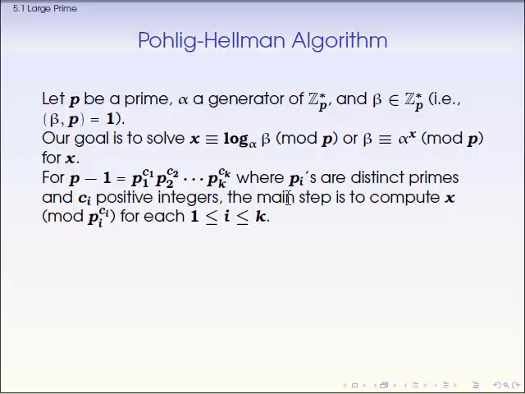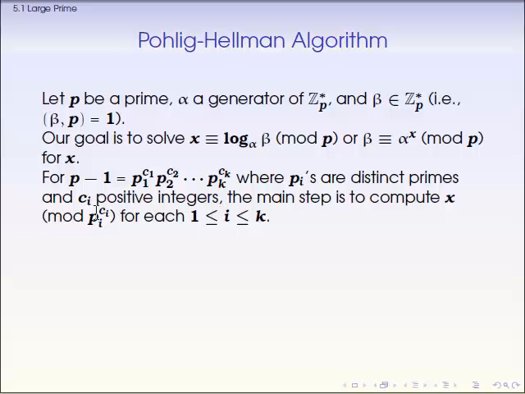We're just looking at one of them to show how to find that x. The remaining part is exactly the same, so you can say p1 to the c1 instead of pi to the ci when you see this video.